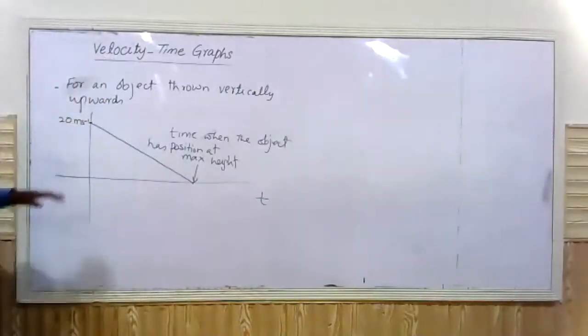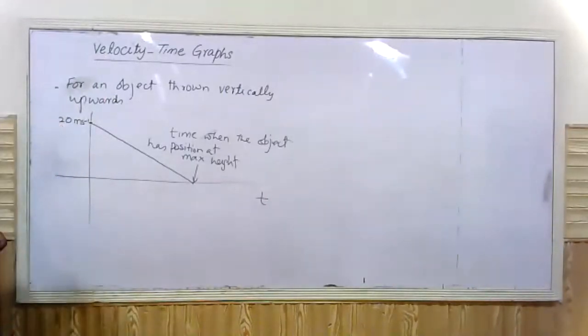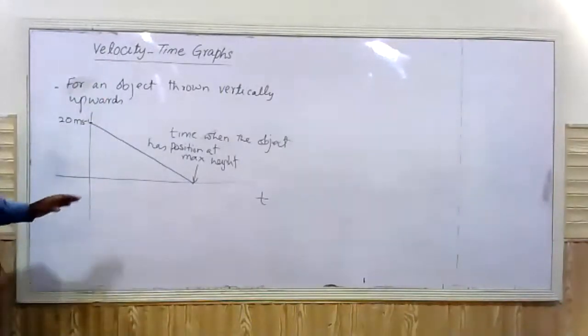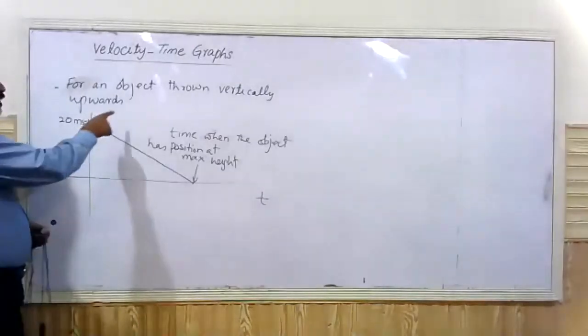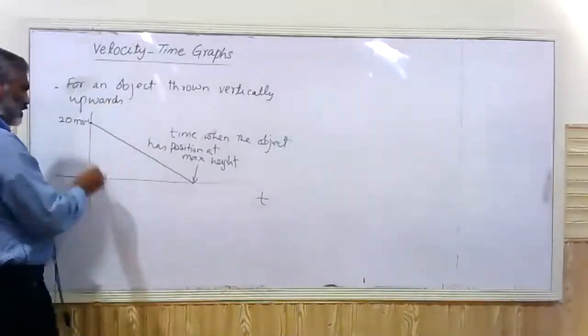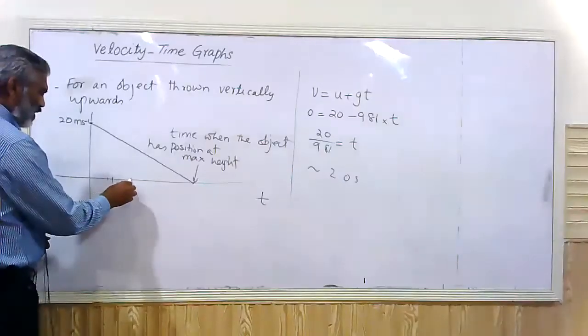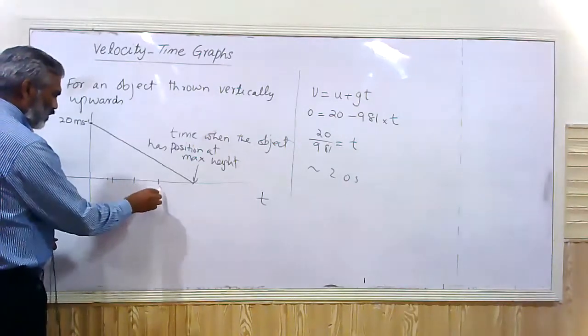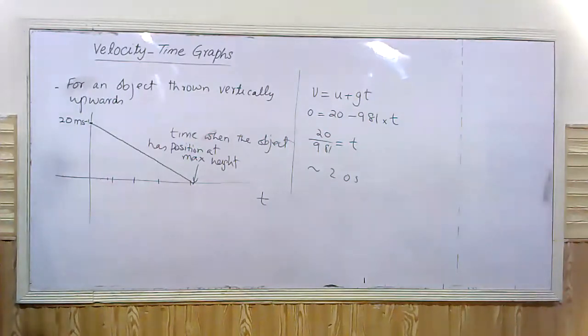You can calculate with the help of this velocity how much time it takes to reach the maximum height. You can use an equation of motion quickly to work out what time it should be. If I know the final velocity is 0 at the maximum height, that means this can be quickly worked out using this equation, V. 0.5 here, then 1 second here, 1.5, and then 2 seconds later, this will be at the maximum height.